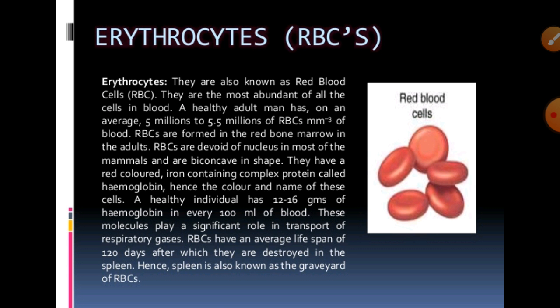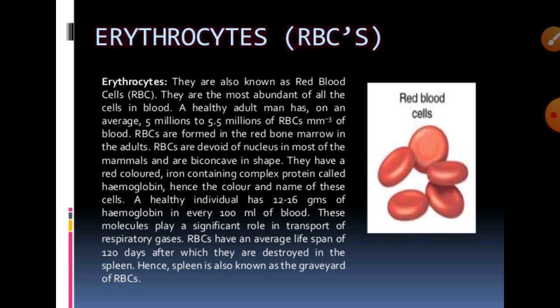If we talk about the shape and size of the erythrocytes, RBCs are generally biconcave disc-shaped structures with a diameter of 7 to 8 micron, though they are found in variable shapes. No cell organelles are found in them. These RBCs do not have any cell organelles, and the whole volume is filled with hemoglobin.